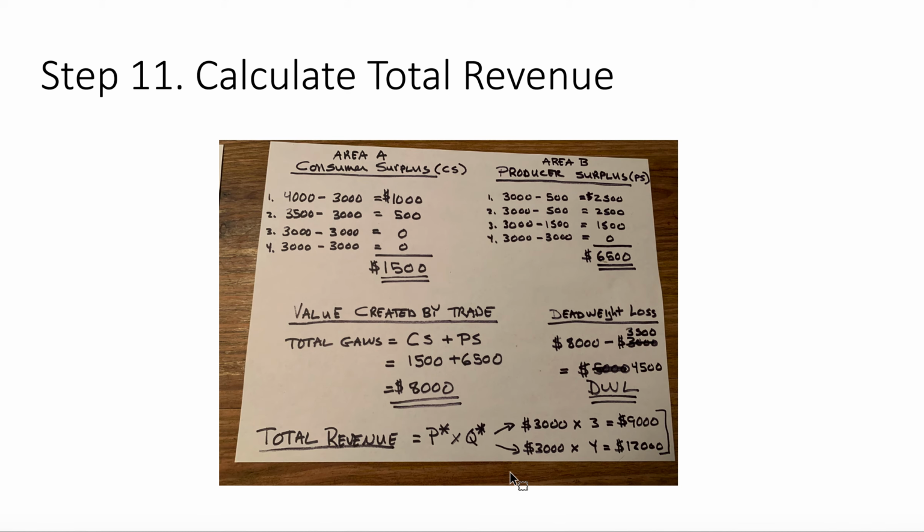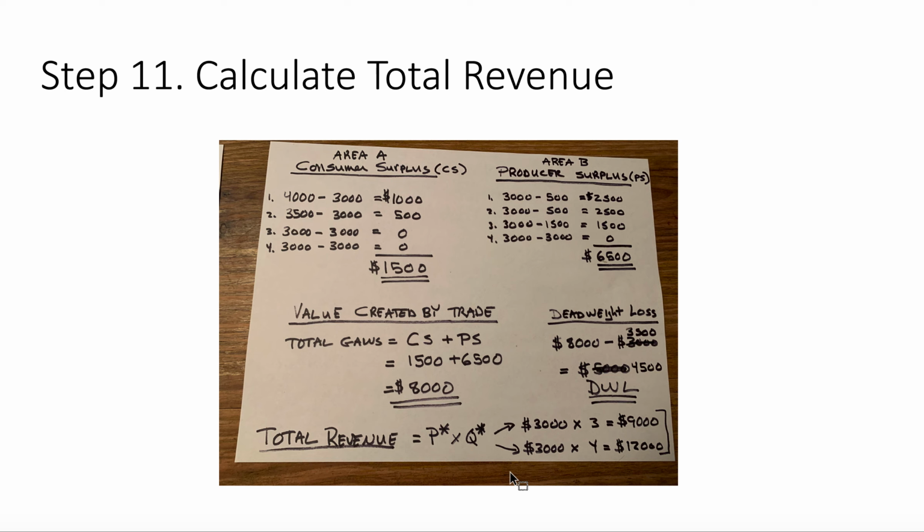All right, well, what's total revenue? That's just price times quantity. And you can see that it's either 9,000 or 12,000, depending on whether we sell 3 or 4. And those numbers exaggerate the value created by trade, the one that we're measuring as economic value, which is 8,000.